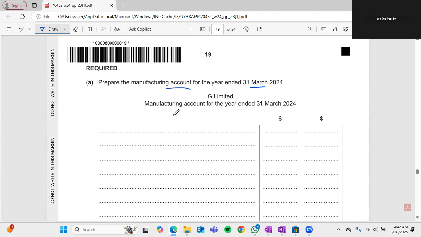First of all, what is the format for the cost of manufacturing account? First of all, we need to write the cost of materials consumed.